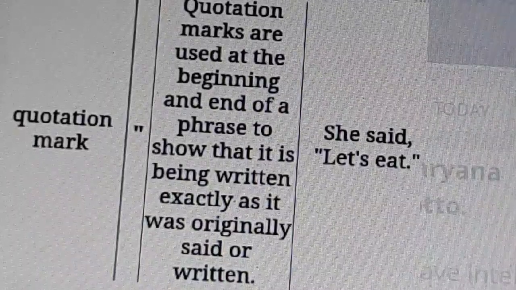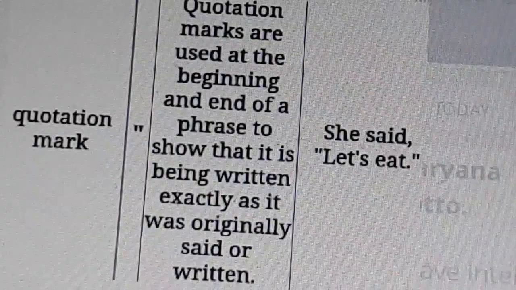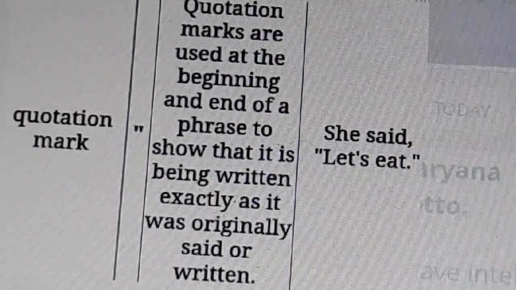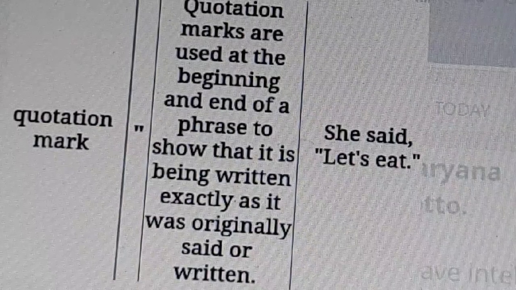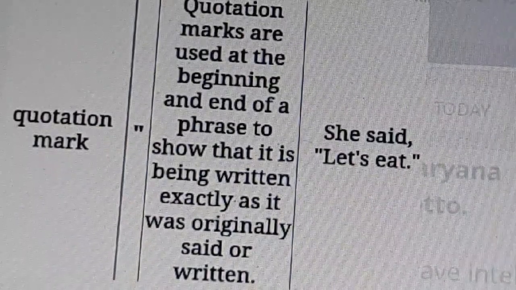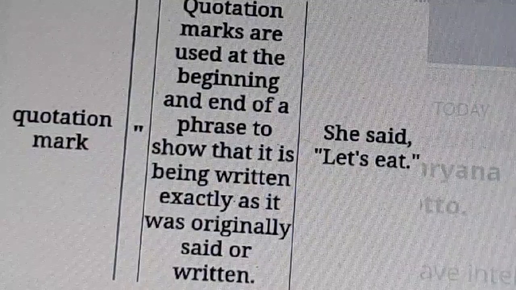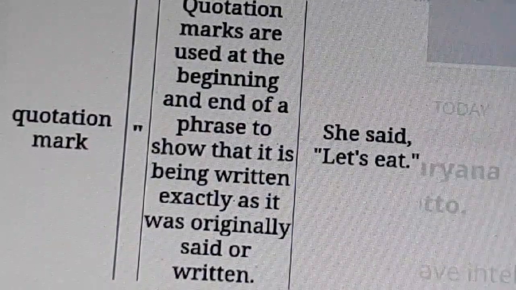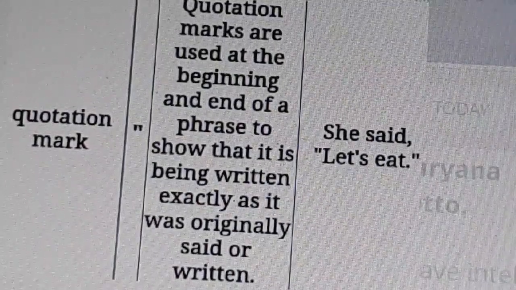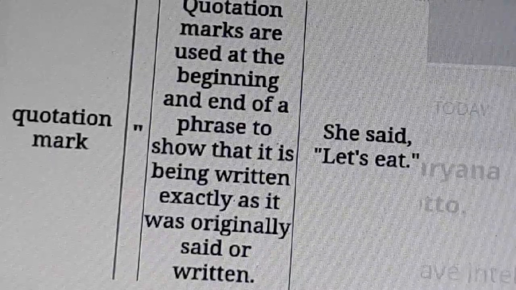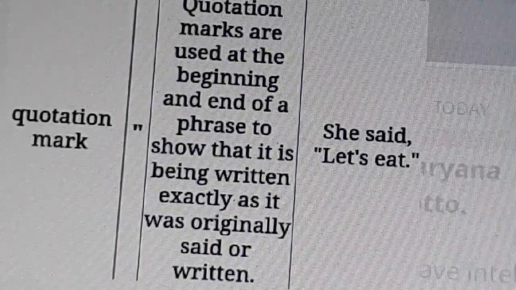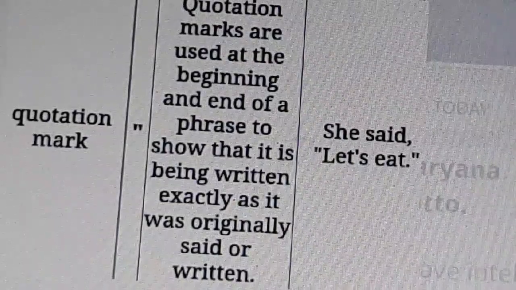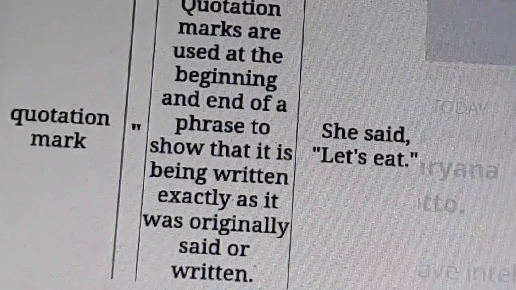Quotation marks are used at the beginning and end of a phrase to show that it is being written exactly as it was originally said or written.